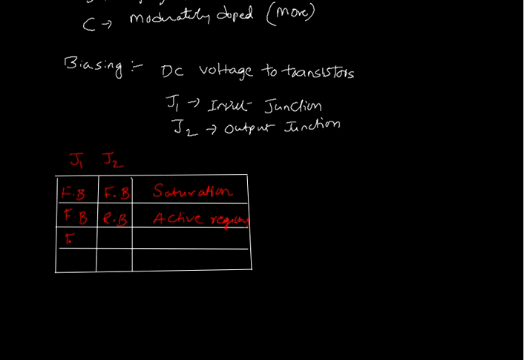If you give reverse bias and forward bias, then the transistor will not work. If you give reverse bias and reverse bias, we call it the cutoff region.